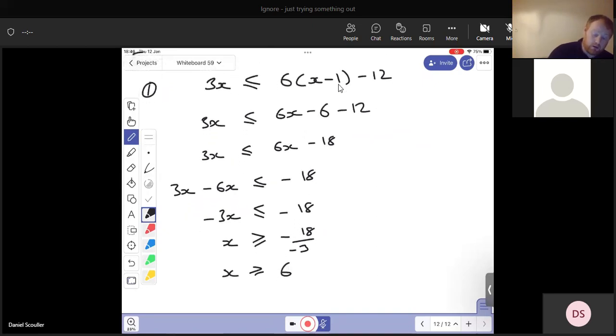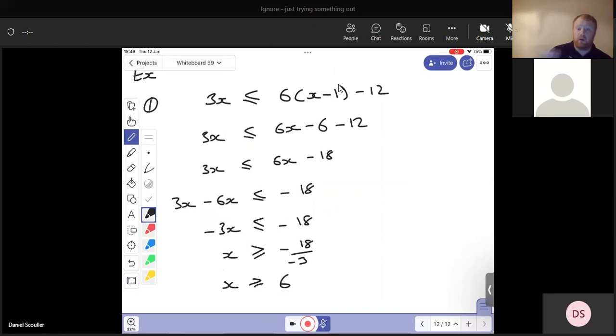Now, there's another way to do that where you take the 12 across, so it's 3x plus 12, then you take the 6 across and divide both, and it just gets a wee bit messy. I'm not going to do it tonight, but maybe when we're going through past papers, if we see it again, you might try it and it might come up in conversation. But in this regard, that's quite a simple bracket.